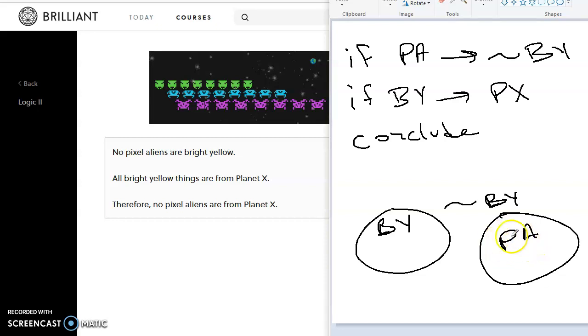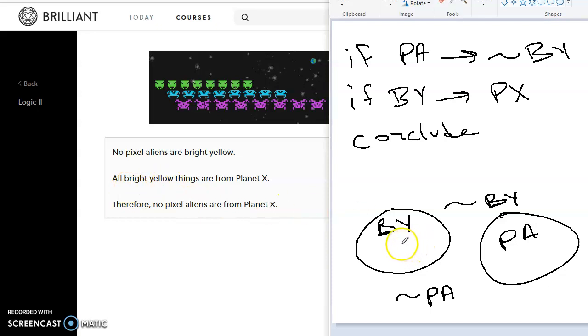are from planet X? Now remember that pixel aliens are in this circle over here on the right, so out here is not pixel aliens, which seems to fall into the bright yellow category, but look, does bright yellow fall into the not pixel aliens category? So we need to draw some circles. Where's the planet X category in all of this?